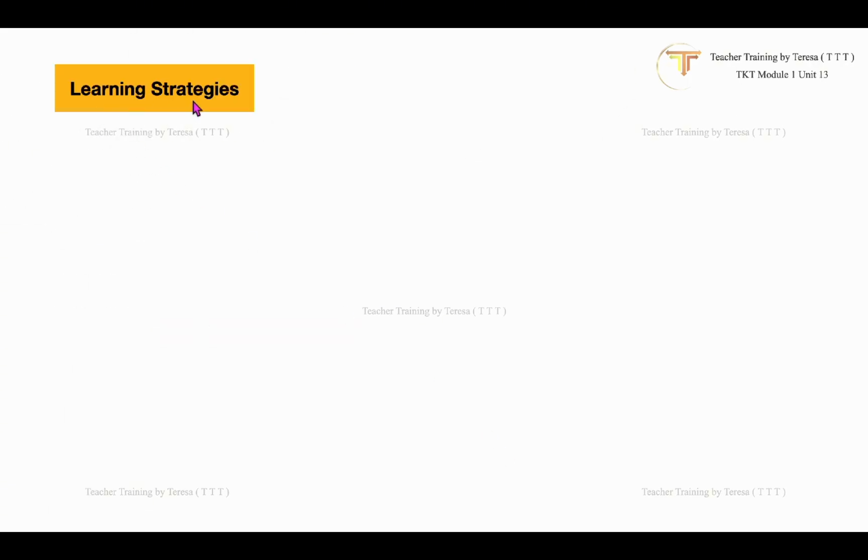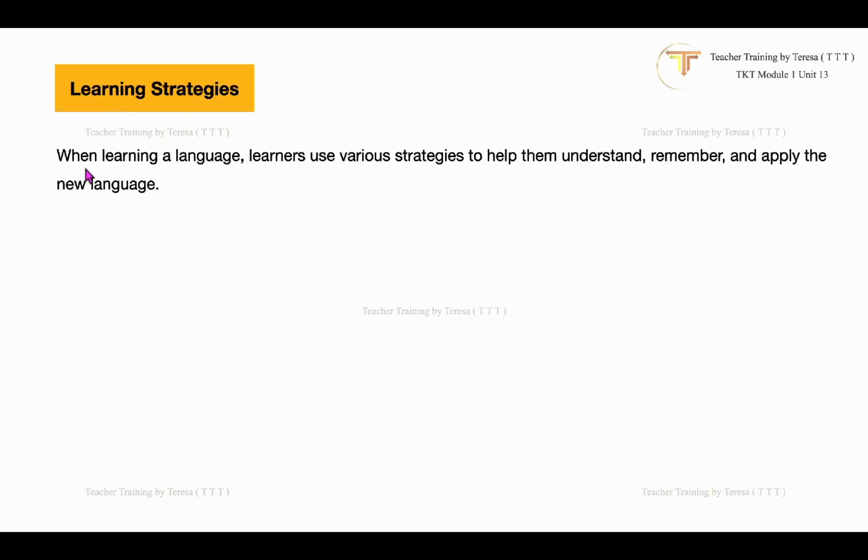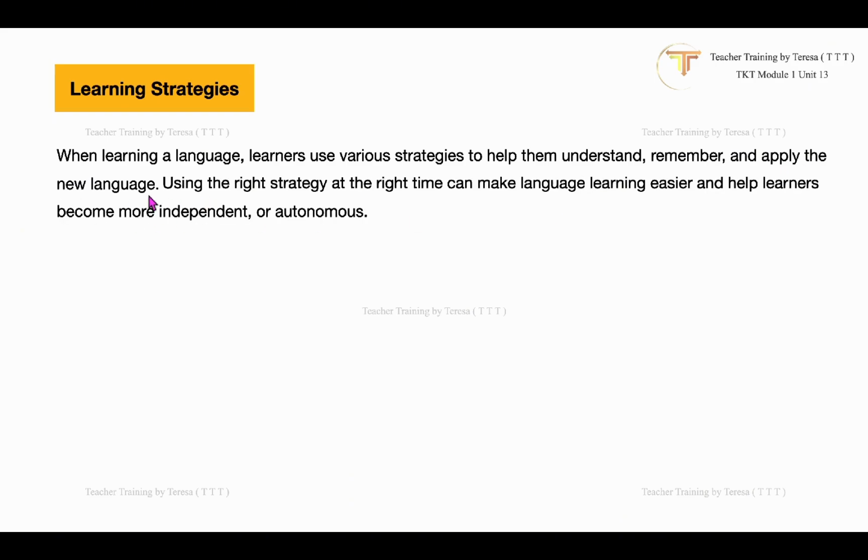Learning strategies. When learning a language, learners use various strategies to help them understand, remember, and apply the new language. Using the right strategy at the right time can make language learning easier and help learners become more independent or autonomous.